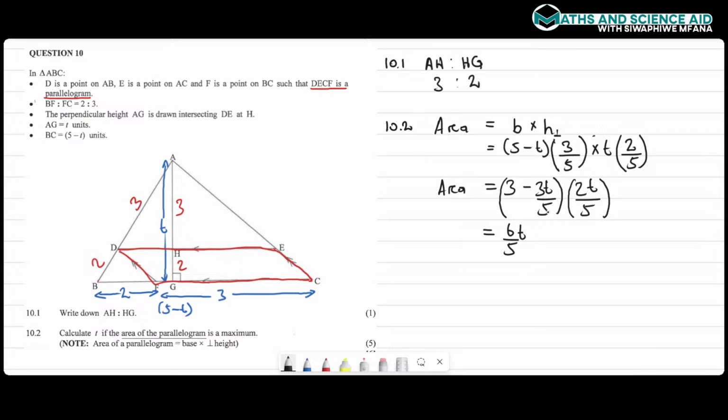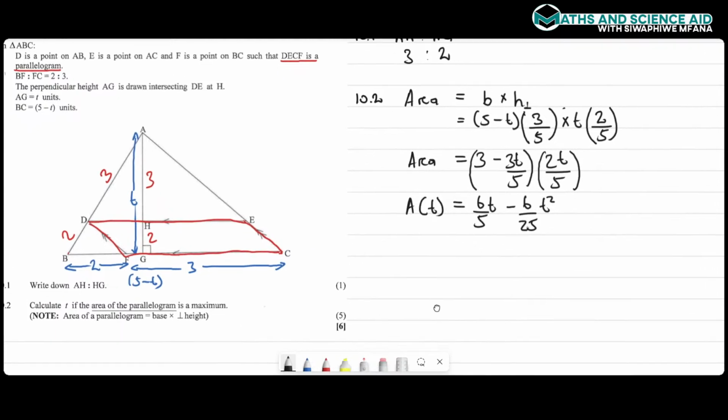And then minus 3 over 5 multiplied by 2 over 5, this will be minus 6 over 25. And then t multiplied by t is t squared. So this is your area in terms of t. Okay, I'm used to x. Now I'm writing in terms of x, but yeah. So this equation here is basically A as a function of t.